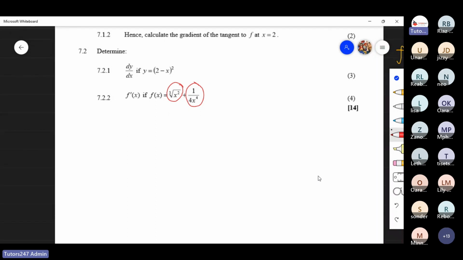Then if you look at the second term, our variable that we are deriving with respect to is a denominator. So because it is a denominator, we cannot derive as yet. So let's go through that again. If it is a surd, you cannot derive yet. You have to change the form.